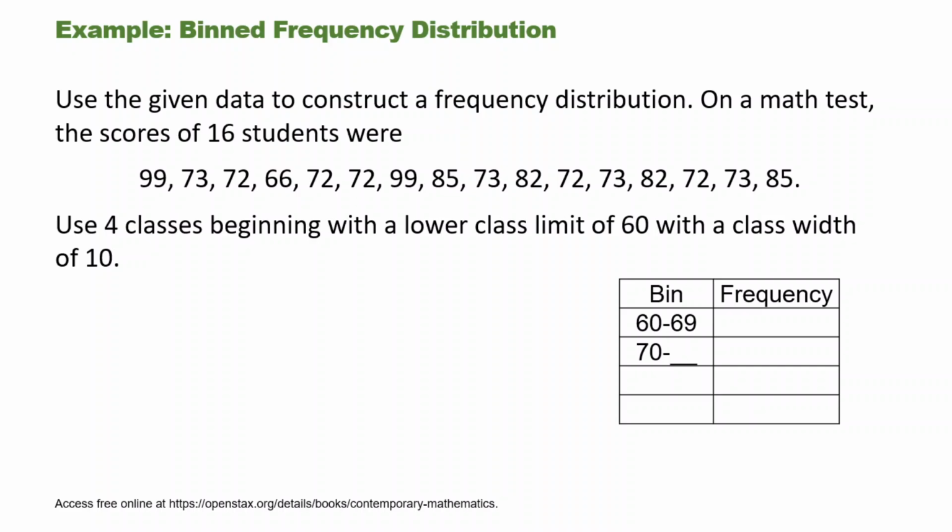Because this is a bin frequency distribution, we are going to use ranges, also called classes, where we have a lower class limit of 60, and our first bin has an upper class limit of 69. Because the class width of 10 means the difference between lower class limits is 10.